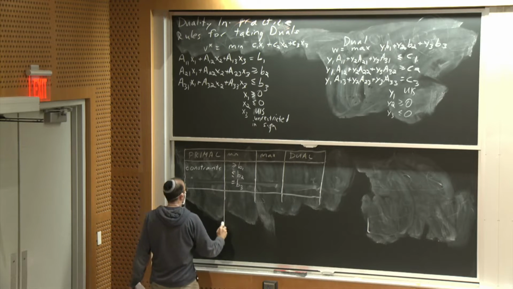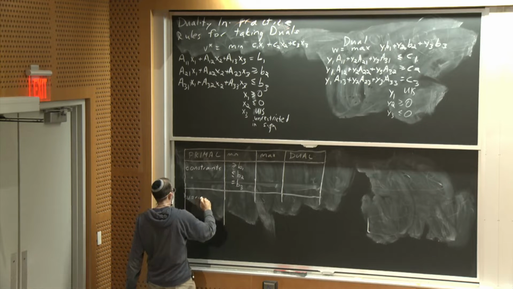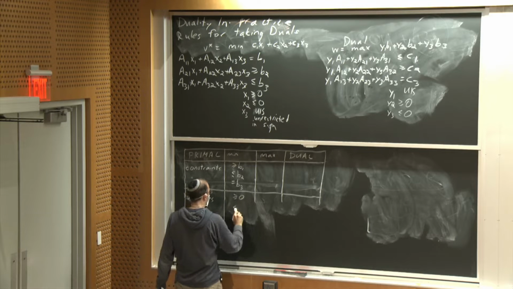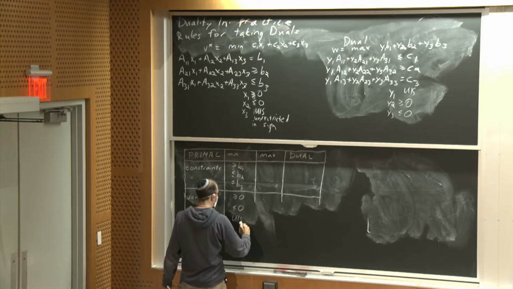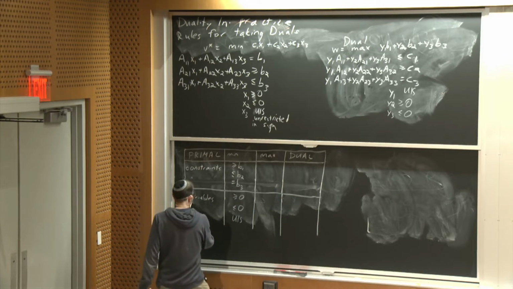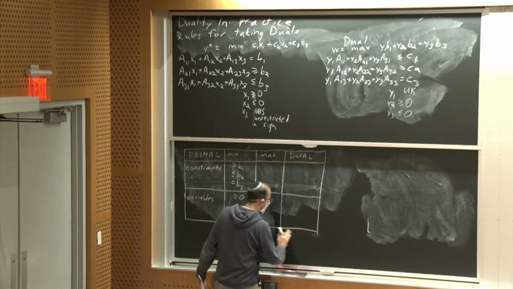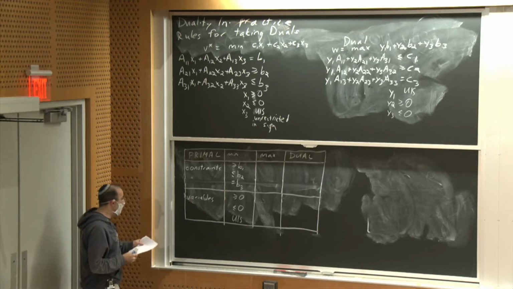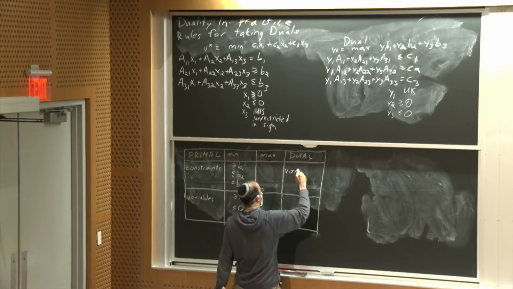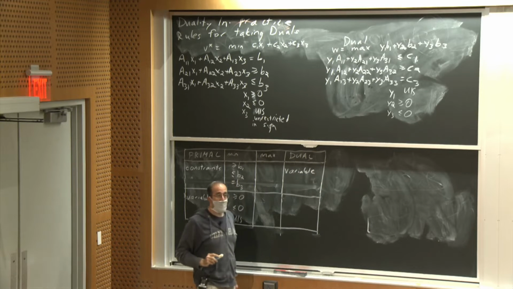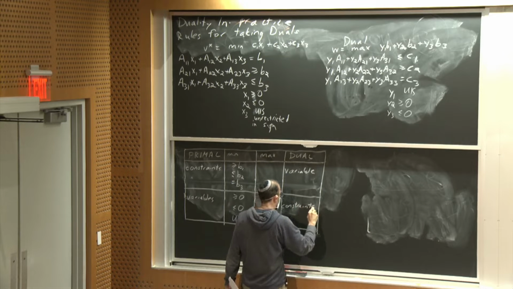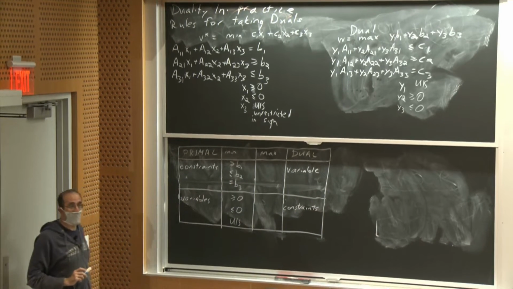And this primal linear program will also have variables which are constrained to be non-negative or non-positive or unrestricted. And if we now look at the matrices that I drew above, we see how these get transformed, right? So every constraint in the primal corresponds to a variable in the dual. Every variable in the primal corresponds to a constraint in the dual.